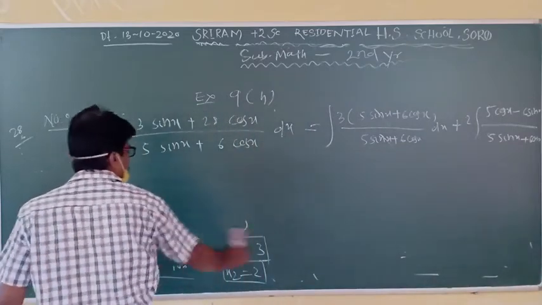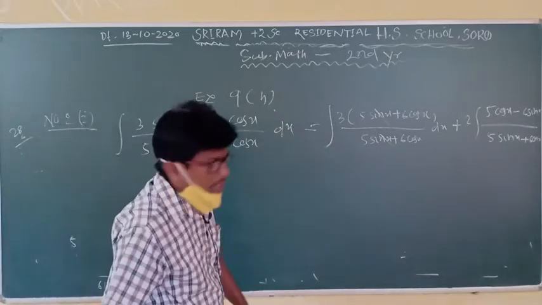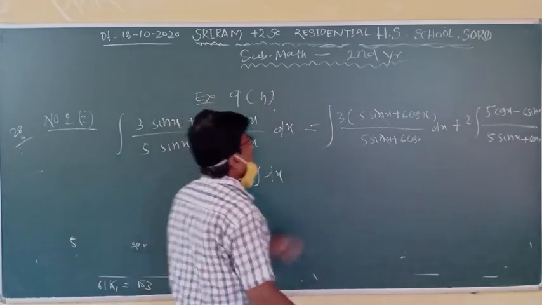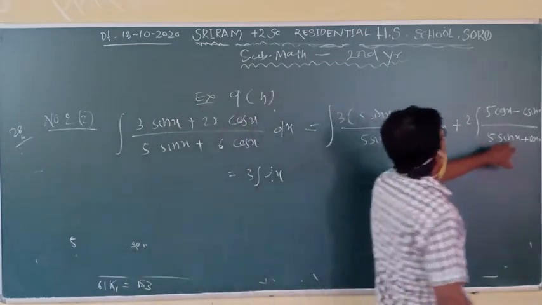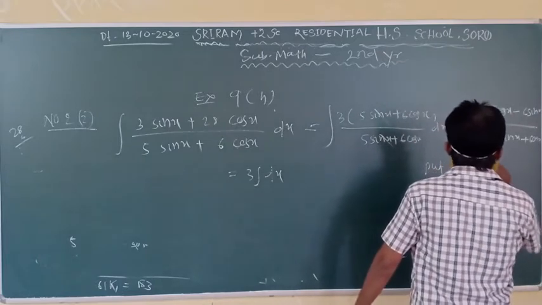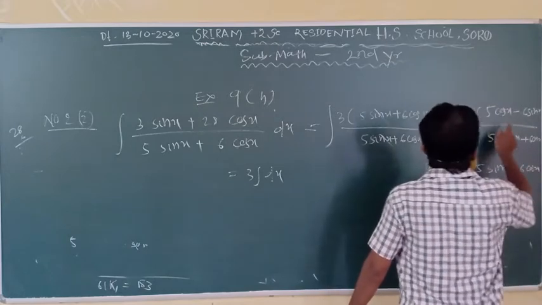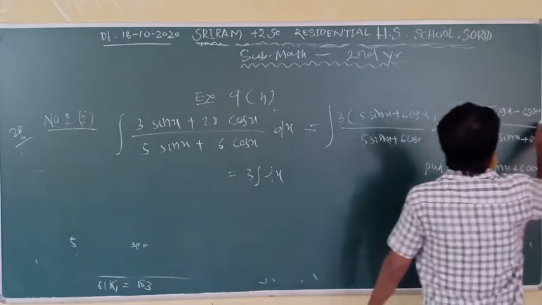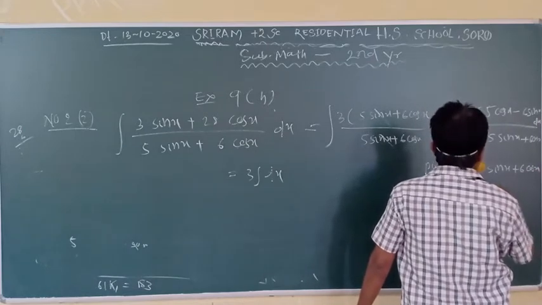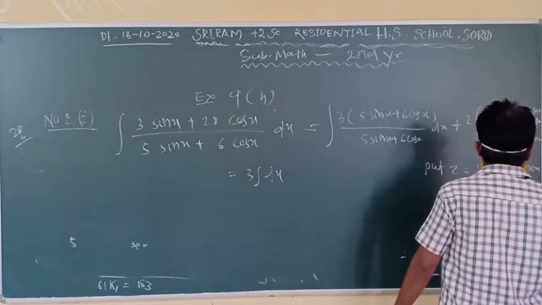Okay. Now factorize it this way, so that it becomes 3 dx for the second part. For the first part, put z equal to 5 sin x plus 6 cos x. You already know the derivative part: dz is equal to 5 cos x minus 6 sin x dx.